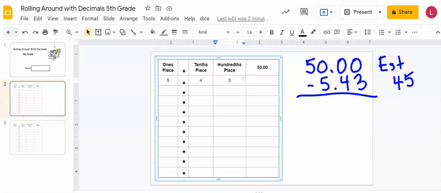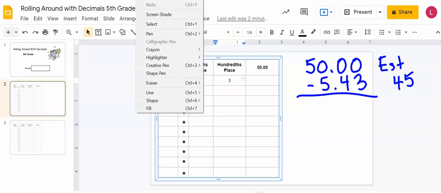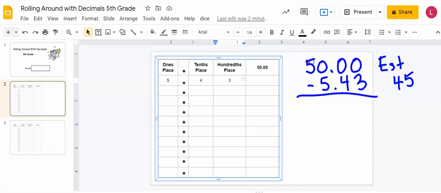So I'm going to go ahead and do some renaming here. I'm going to change pen colors so you can kind of tell what I'm doing. Because I need some hundredths there. And I know now that 10 minus 3 is 7. So if I'm taking 3 hundredths away from 10 hundredths, I'm left with 7 hundredths.